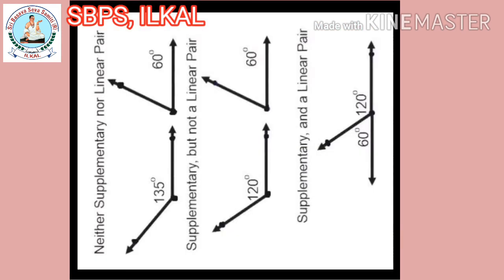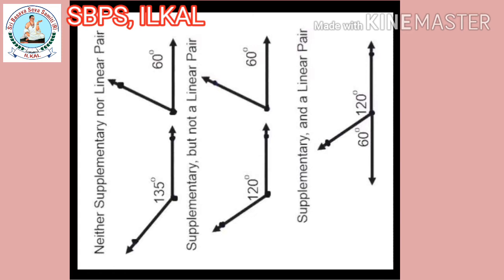Observe the given three examples, children. First two angles together will form 195 degree. So they said neither supplementary nor linear pair. Second two angles you observe, supplementary but not a linear pair. Means 120 degree plus 60 degree together 180 degree. So we called it as supplementary angles but not a linear pair, they said. Then observe the last one, supplementary and a linear pair.